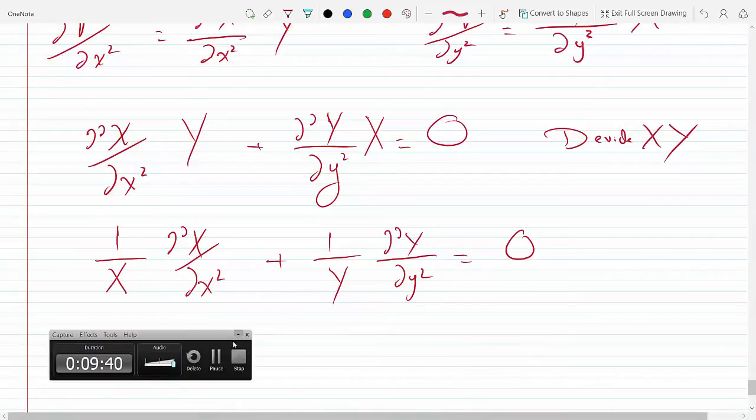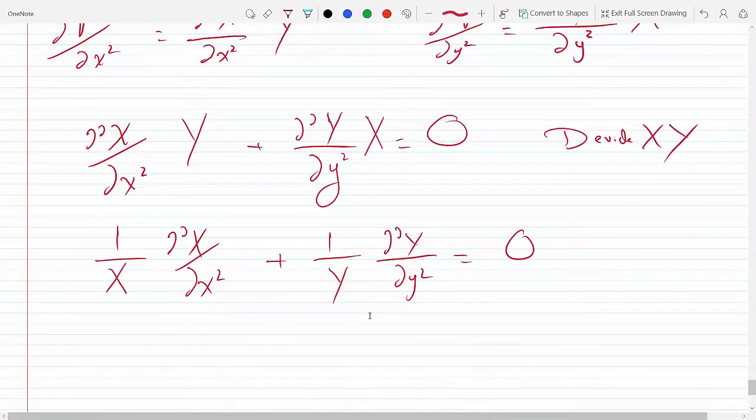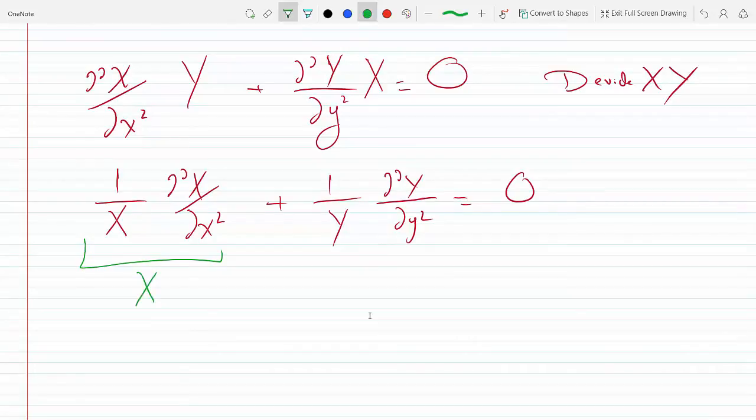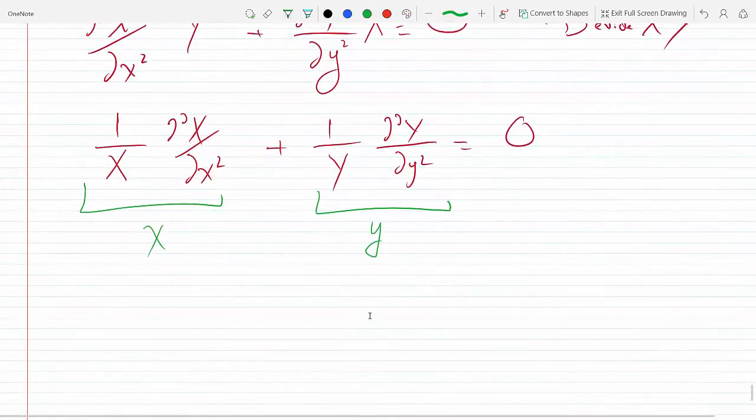And now here, if you have two functions, the first is a function of x alone, and this one here is a function of y alone, and their second derivatives, when you add them you get 0, the only way this can happen is if those are constants.